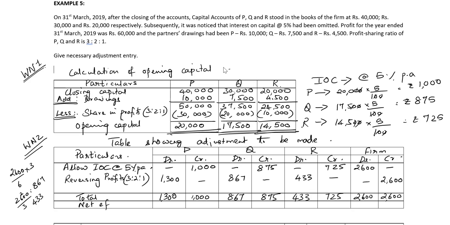Final step is to find out the net effect. 300 debit in the case of P, 8 rupees credit in the case of Q, and 292 rupees credit, which is the difference between 725 and 433.